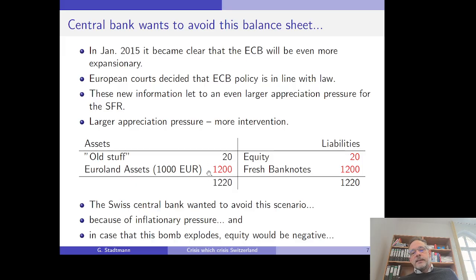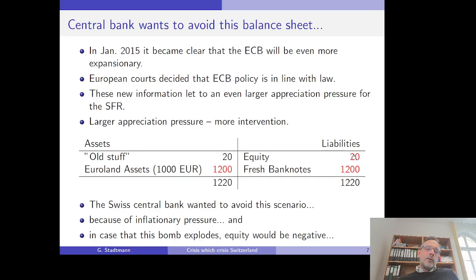In case this balance sheet blows up, the loss will be so large that the equity will become negative. So the Swiss central bank wanted to avoid this scenario, because the inflationary pressure would even increase when the central bank is printing more Swiss franc. And in case this balance sheet explodes like a bomb, then the equity would be negative.